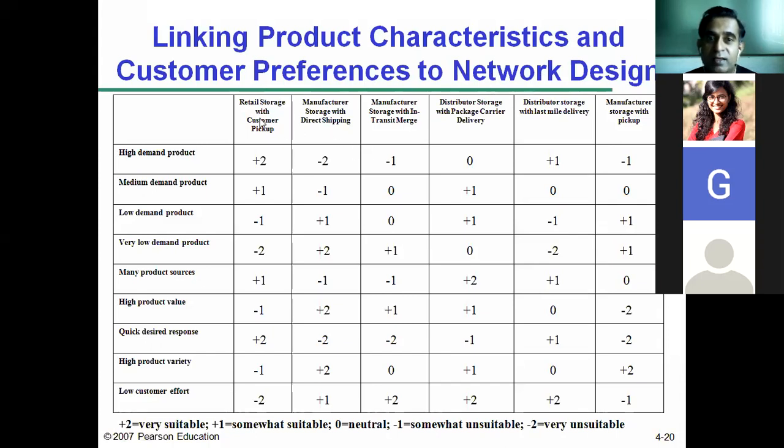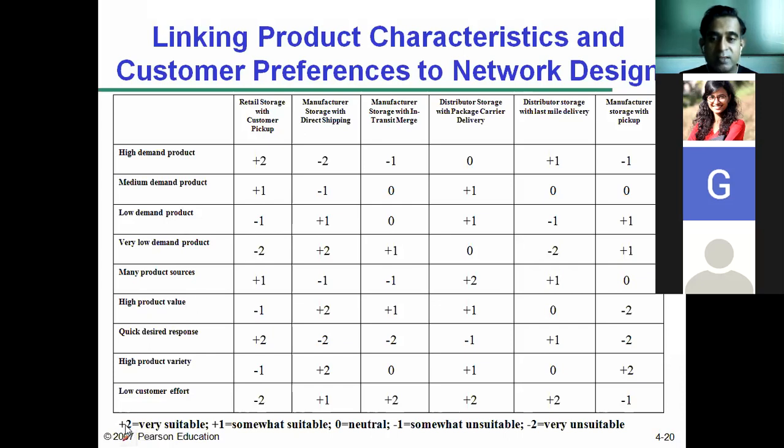Here are the 6 types of distribution network designs, and these are the product characteristics, which are basically related to demand: high demand, medium demand, low demand, very low demand, and so on, or high product value, for example.